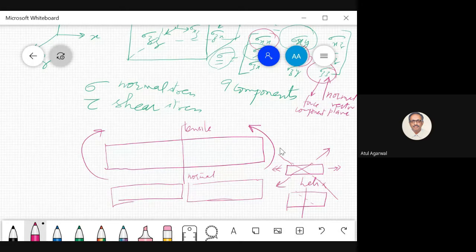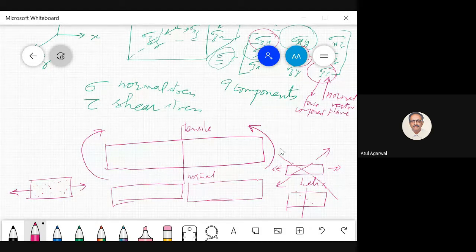There are some forces. I had told you, if you draw a free body diagram of this bar, it is the internal forces which keep it together. If there are no internal forces between the particles, they won't try to hold to each other, and immediately they will go apart.